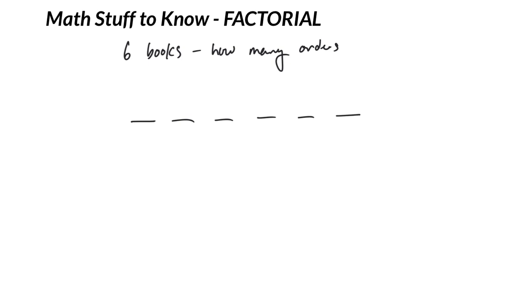You can put 6 books in the first spot, but once you put a book in that spot, there are only 5 books left to pick for the next spot, and then 4, and then 3, and then 2, and then 1. So 6 factorial, which is 720. Again, as I said, this grows really, really quickly. So it's a great way to do counting. Oftentimes we use it in probability to help us count outcomes.